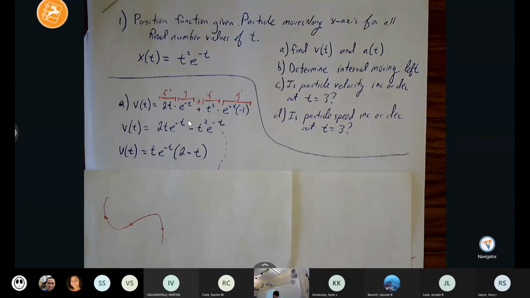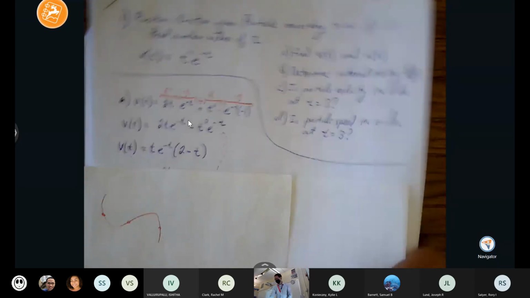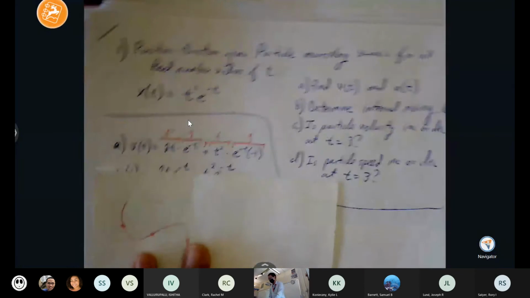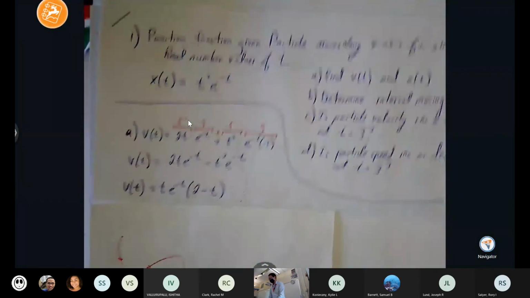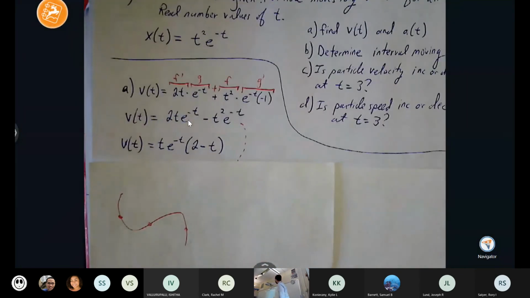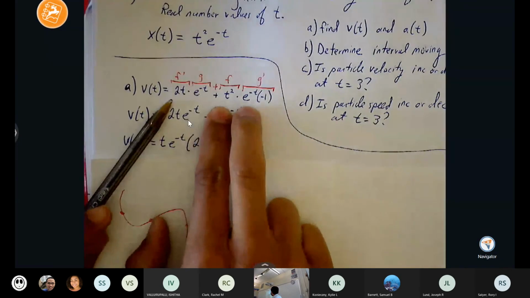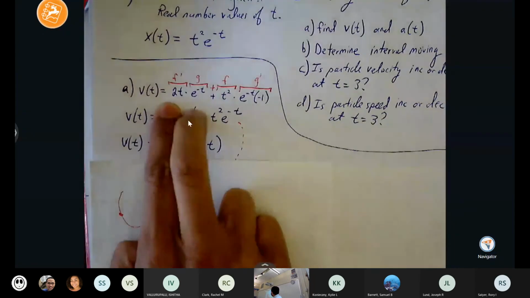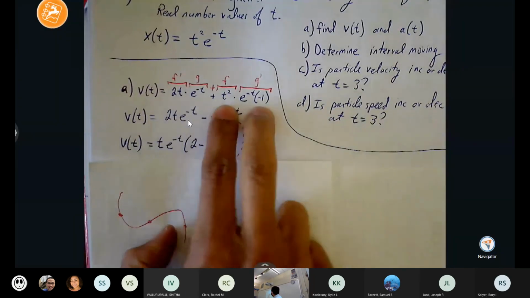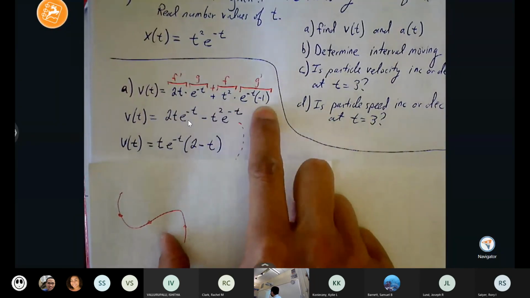Okay, f prime g plus f g prime. Combine like terms. Any questions with f prime g and f g prime? Notice that g prime requires a times -1, e to the u times u prime.